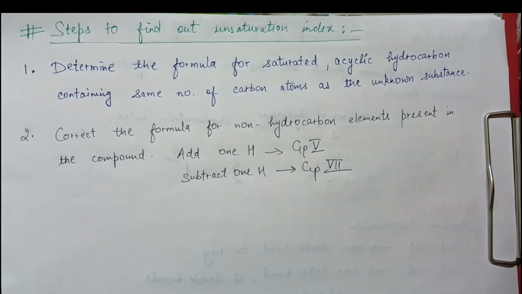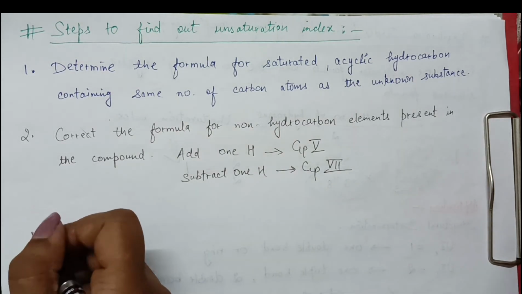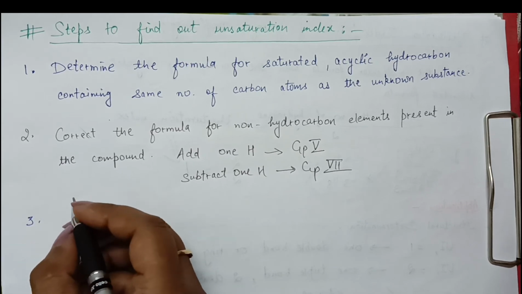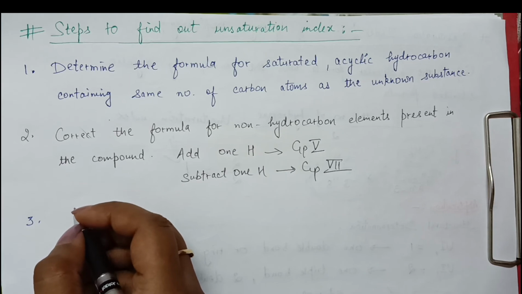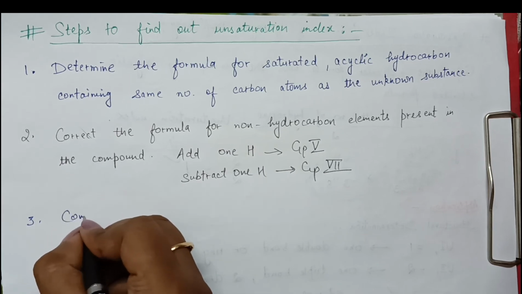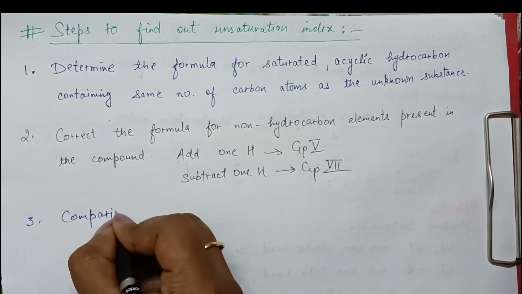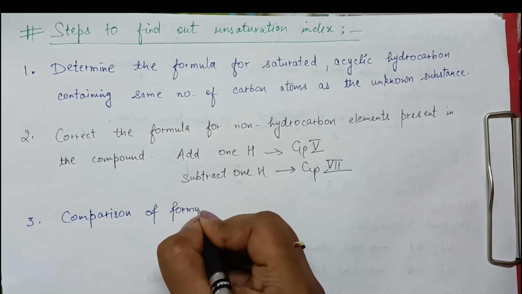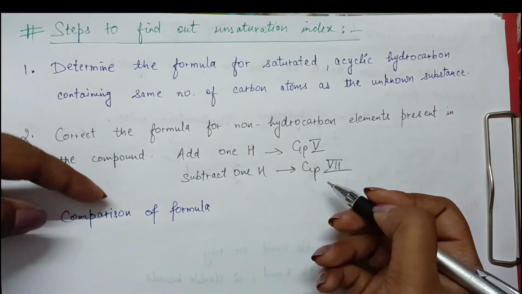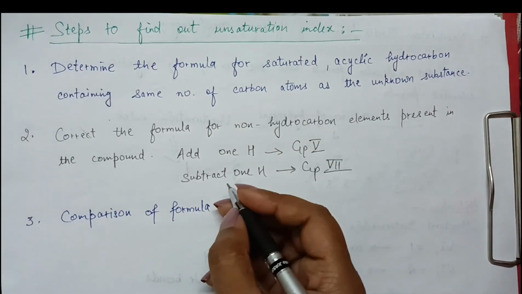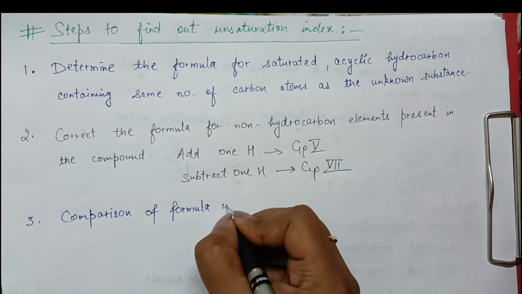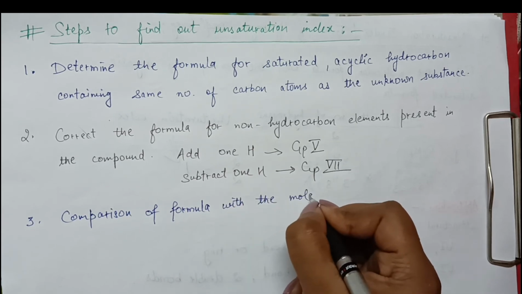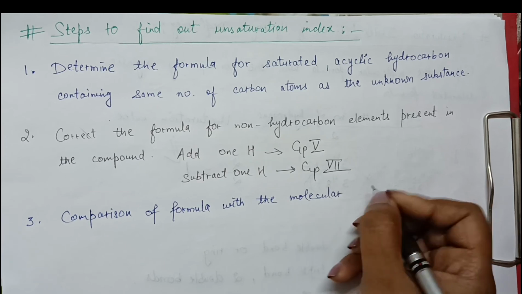After the correction there will be step 3, that is, compare this formula with the molecular formula of the unknown. That will be the comparison of the formula which we have got after these two steps with the molecular formula of the unknown compound.